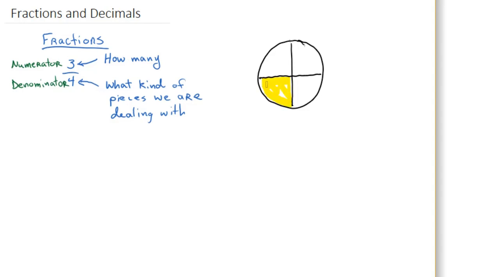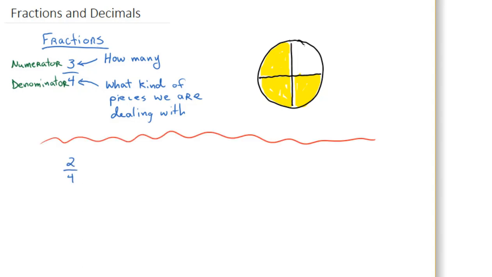I have that piece, this piece, and this piece. I don't have the 4th piece. If I did, I would have 4 of 4, and that would equal a total of 1. So that's the idea of what a fraction communicates to us. It's telling us how many we have and what size of the whole the pieces are.